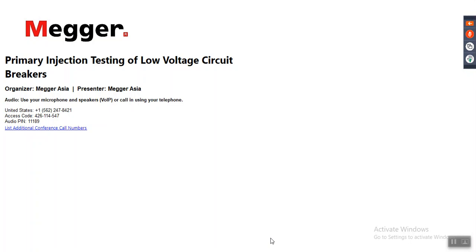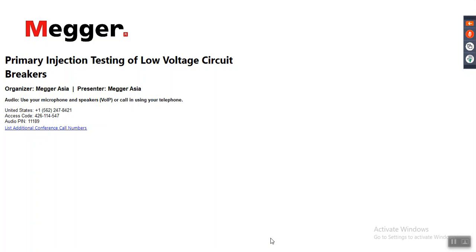So if it passed the test, can you say that the breaker is also mechanically reliable? Yeah, I think if the result is pass, it means we can say there is no issue on the breaker. Of course, you cannot decide the condition of the breaker from one test only. There are many tests to be done to decide whether the breaker is in good condition or needs to be investigated.